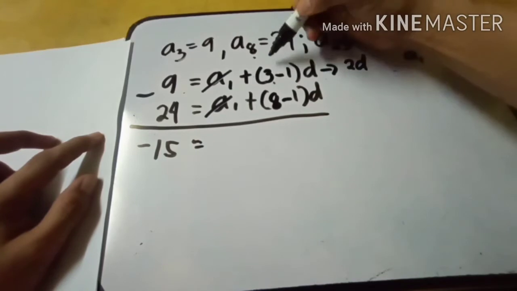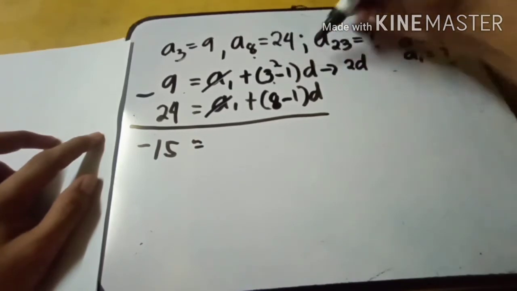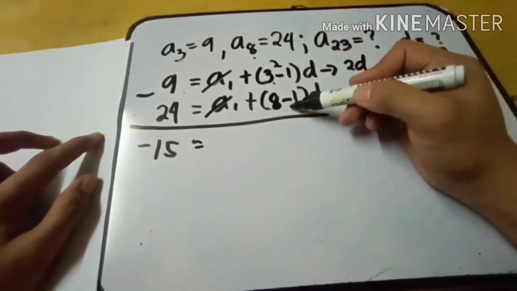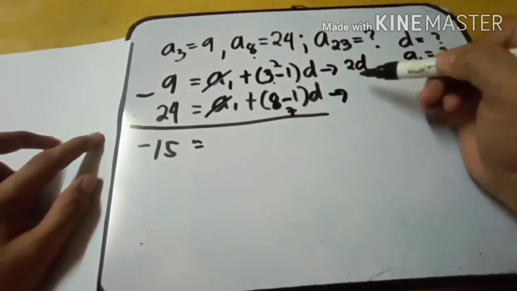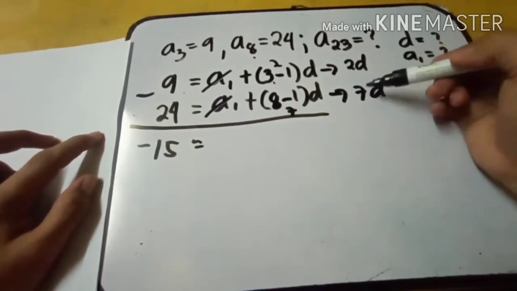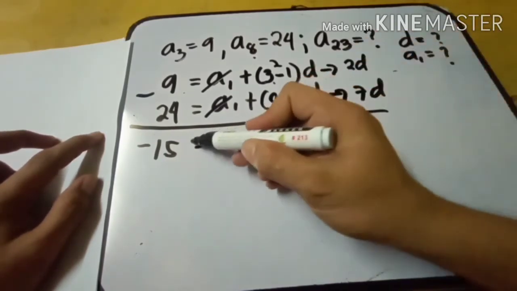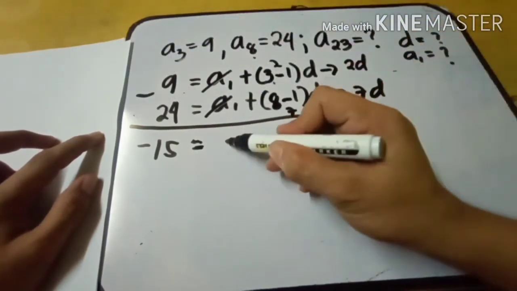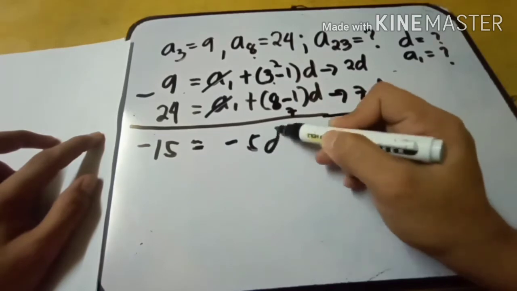Then 8 minus 1 will give us 7. Then 7 times d will give us 7d. And these are the terms we have to subtract. So we have here 2d minus 7d, which will give us negative 5d. Am I right?